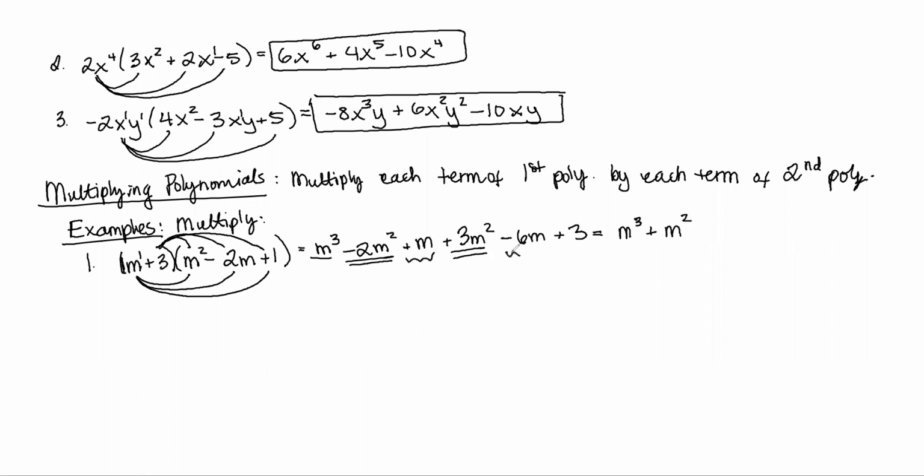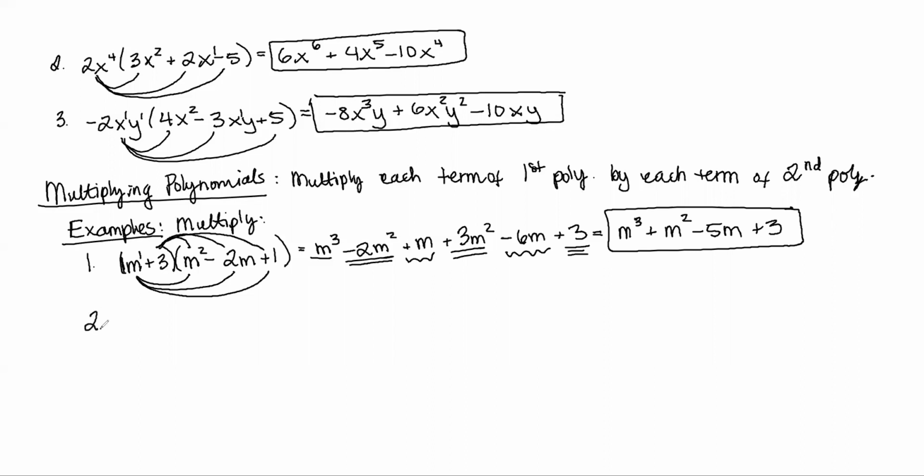M minus 6m is negative 5m. And then we still have this plus 3. And there we have it. It's just distributing multiple times, just like we did with monomials, except now we're going to be distributing however many times, depending on how many terms we have in the polynomials.